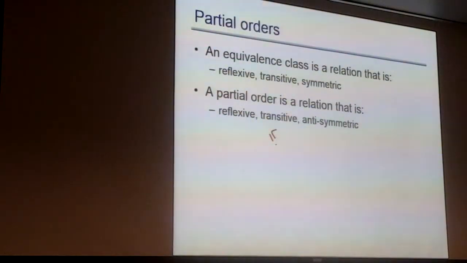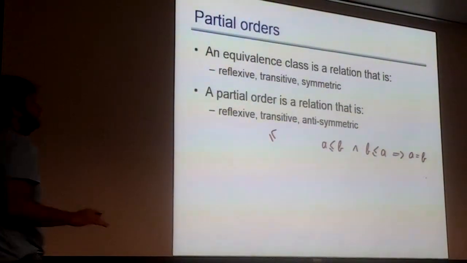Okay, less than or equal: it's reflexive, it's transitive. And antisymmetric says that if A is less than or equal to B and B is less than or equal to A, then A equals B. The 'and' is just a mathy way of saying ampersand, a conjunction.